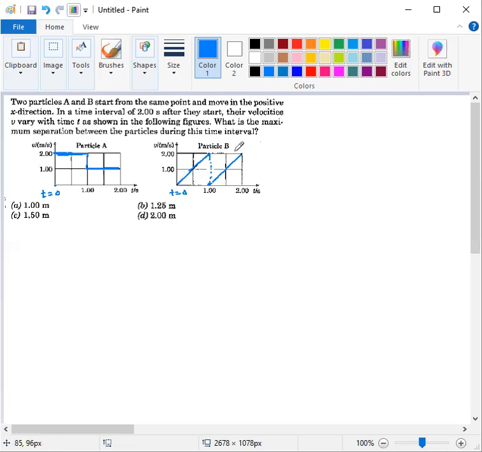For the second particle B, when t equal to 0, the particle starts from the origin, and as time elapses it moves in this way.